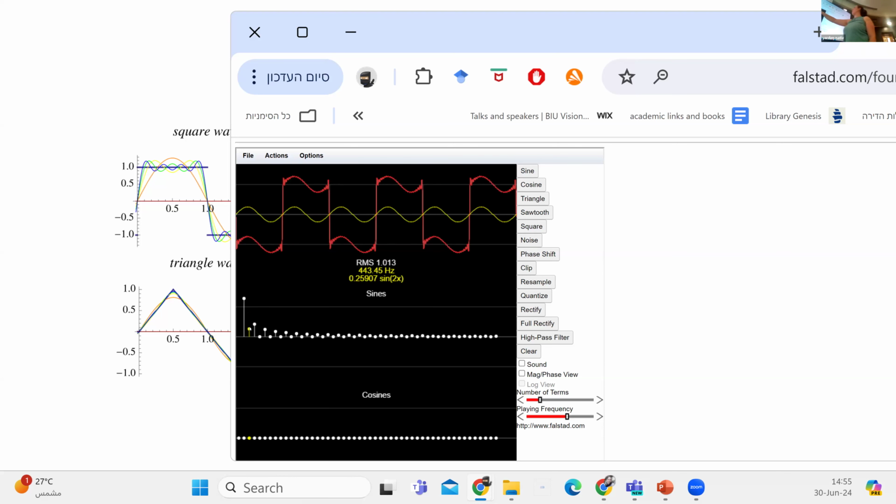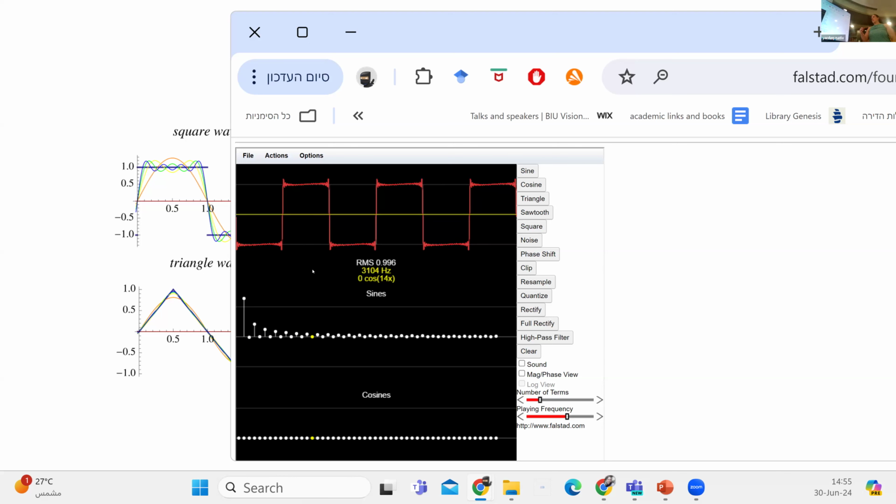From here to here, you have 2 cycles. But for the square wave, this equals 0. You don't have this frequency. So you have 1, 3, 5, 7, 9, and so on. You have only frequencies which are odd.